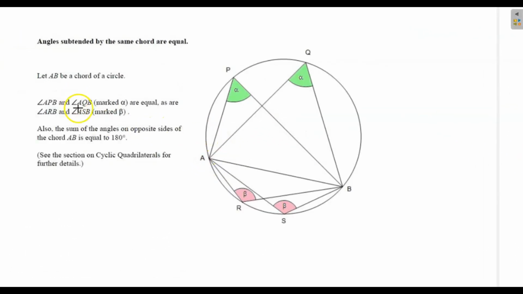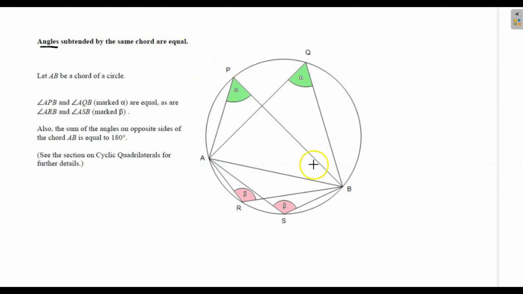The next angular property we want to look at is: angles subtended by the same chord are equal. Remember, we are talking of angles, so we mean more than one angle. So angles subtended by the same chord, they are equal.